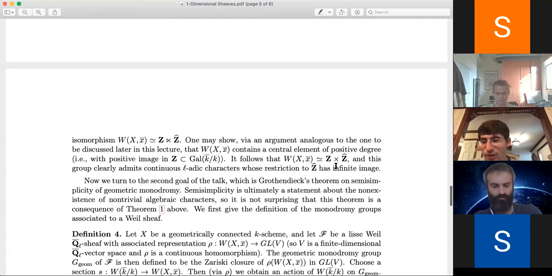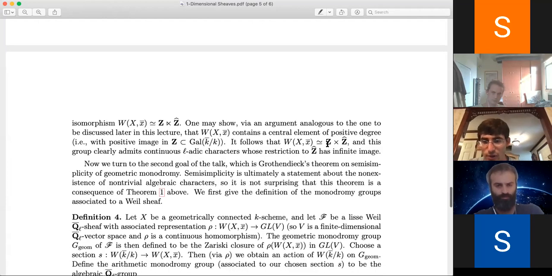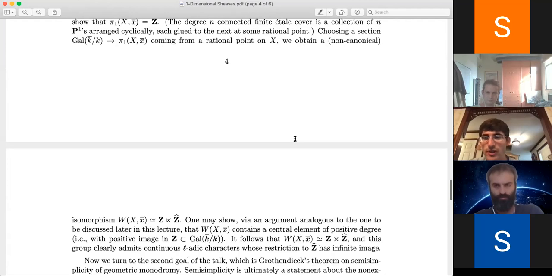And in particular, there are certainly characters from here whose restriction to Z hat is not trivial, is not finite image, right? Take the character which kills this Z and sends 1 to something that's 1 mod L in E cross. So at any rate, the point is that normality is really essential here.